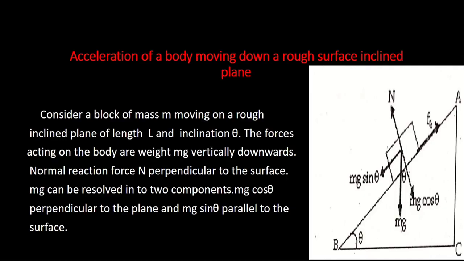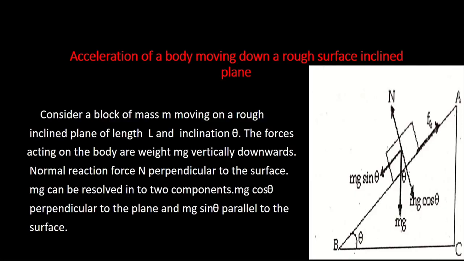Here the forces acting on the object are the weight itself, acting vertically downwards, and the normal force N. And once again the weight of the object can be resolved into two components, mg cos theta, perpendicular to the surface, and mg sin theta, parallel to the surface.